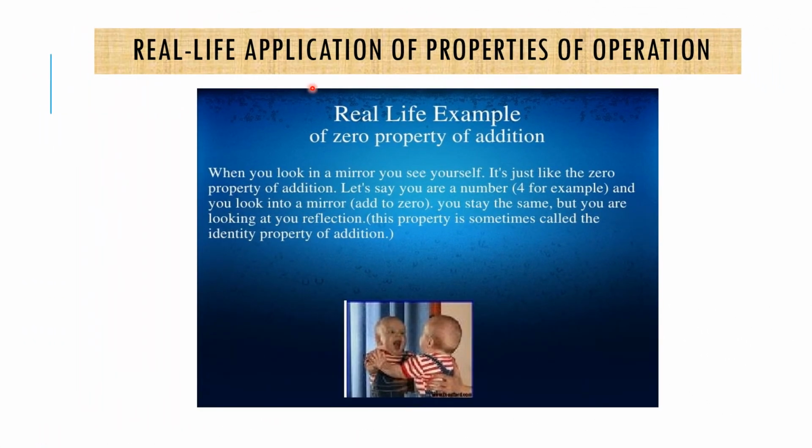We have the real-life application of properties of operation. When you look in a mirror, you see yourself. It's just like the zero property of addition. Let's say you are a number and you look into a mirror. Add 0, you stay the same, but you are looking at your reflection.